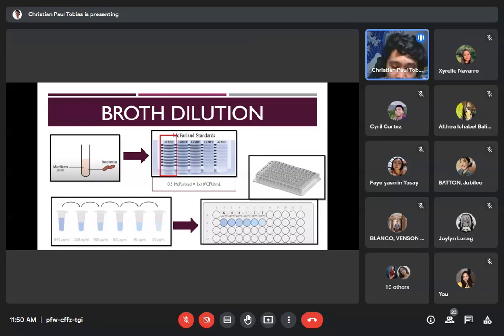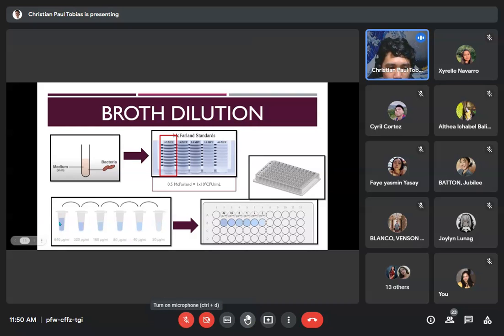Set aside your stock solution and serially dilute your antibiotic. From 64 micrograms per ml, you take about 1 ml or 2 ml, then transfer. You will notice it already has distilled water.